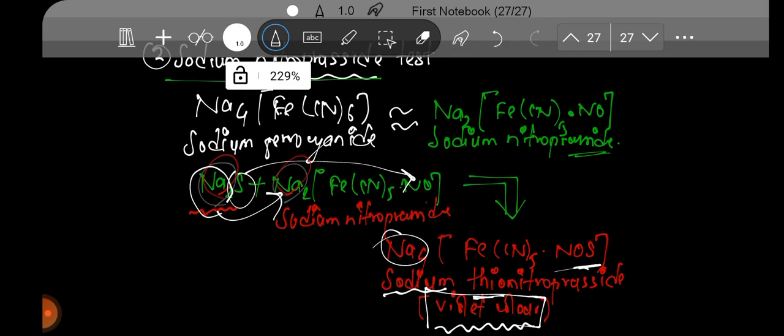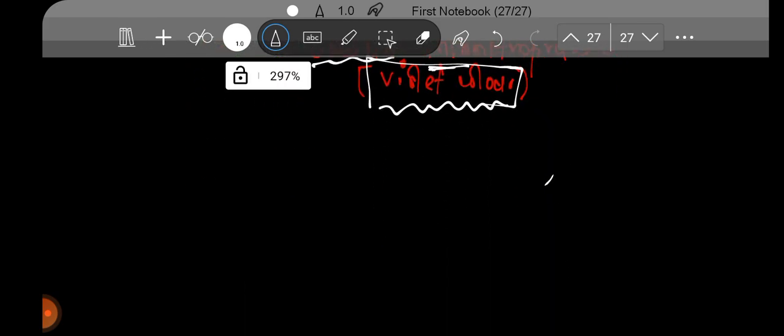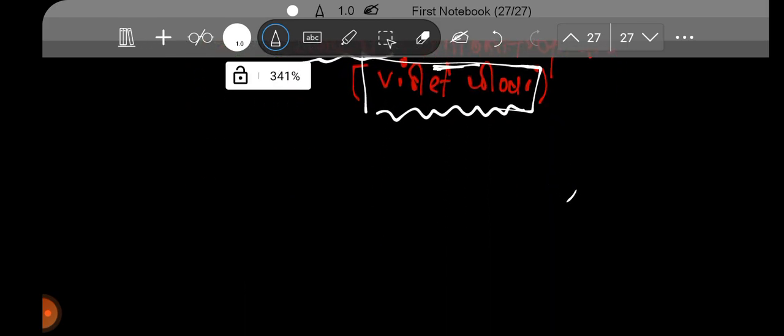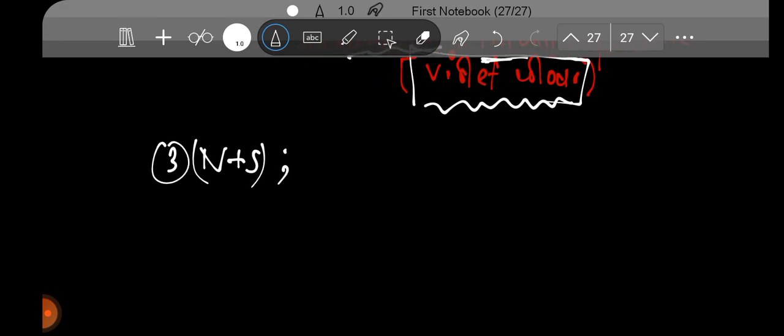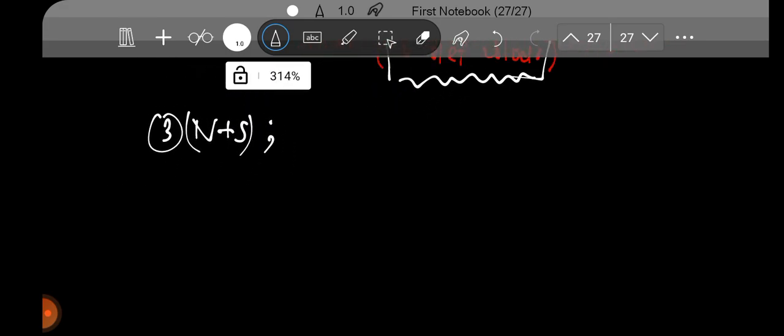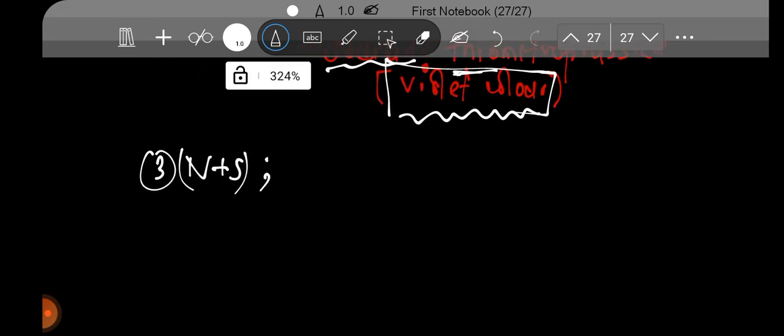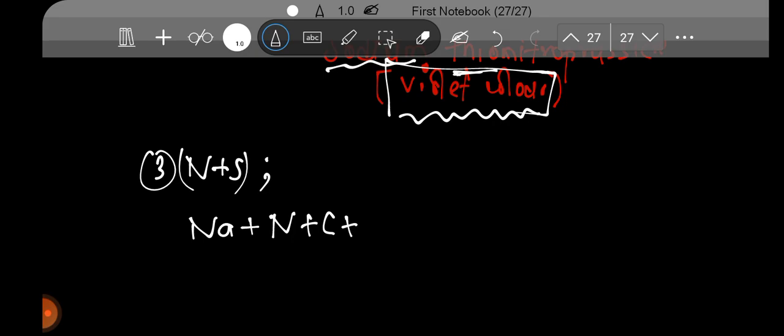Let's see another interesting topic: what will be the result if we have nitrogen as well as sulfur in the compound? This is most interesting. If there is nitrogen, in sodium extract we have sodium plus nitrogen plus carbon plus sulfur.